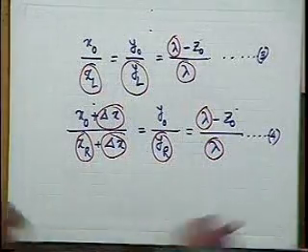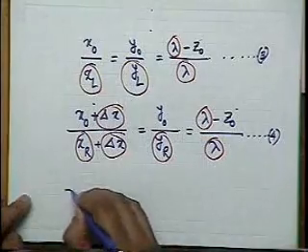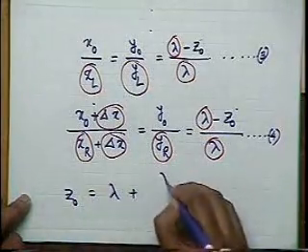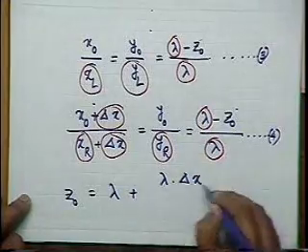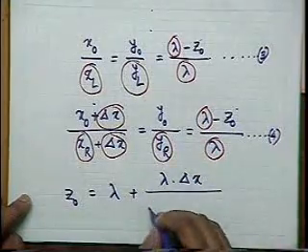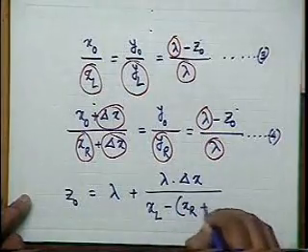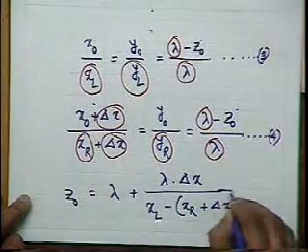So what do we get in the process? If you solve these two equations for z0, the ultimate expression which you get for z0 is like this: z0 equals lambda plus lambda into delta x divided by xl minus xr plus delta x.